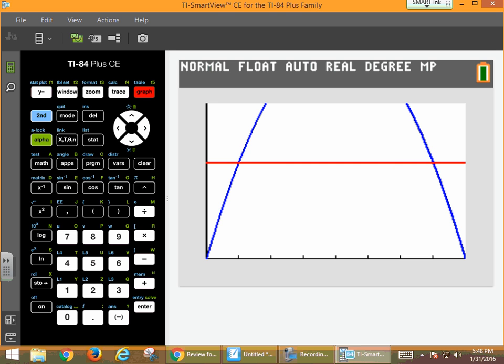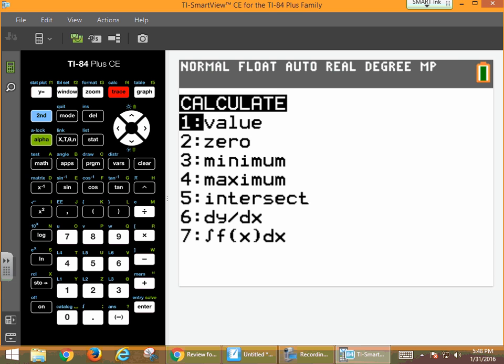Well, you can see that we don't see the highest possible point, but I do need to just find out when this rocket will be 112. So I'm going to calculate these two intersections. So calculate the intersection.